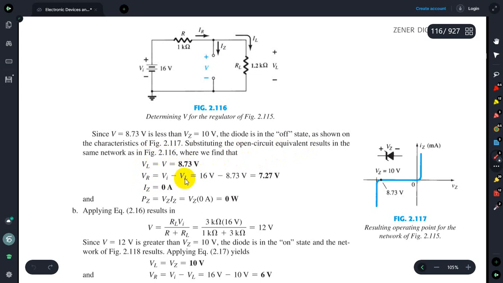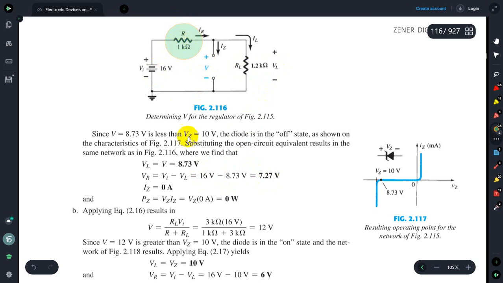This is VR, across this R drop. VR equal to Vi minus VL. So VR equal to Vi, 16 volt, minus VL, 8.73 volt we have calculated. So the drop over here is 7.27 volt.